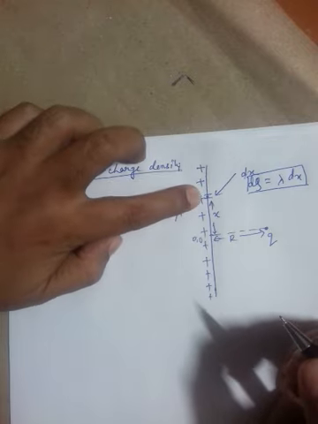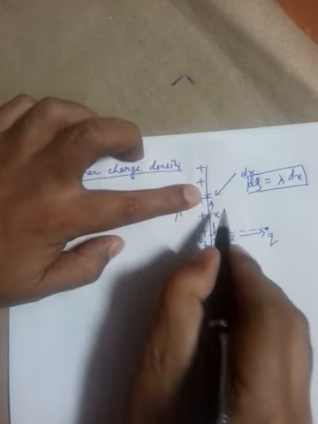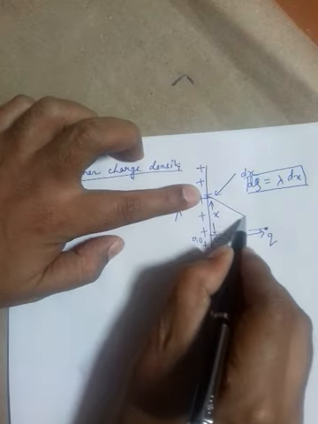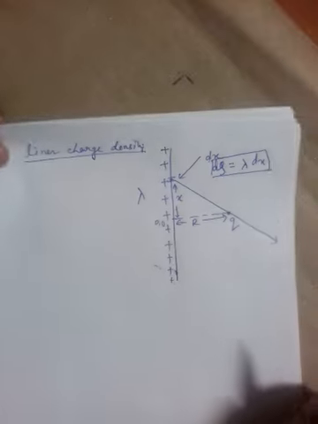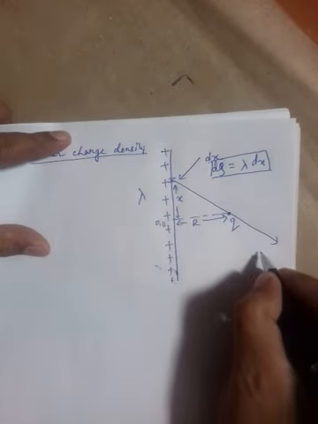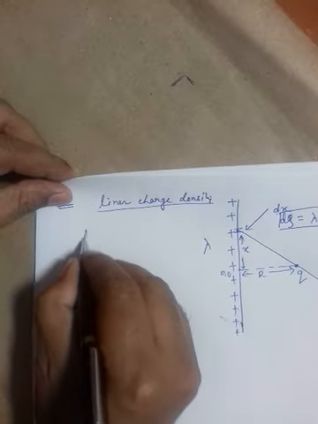Because of this small portion, which is like a point, my point charge q will get a repulsion in this side. This force I am writing as df. So what is df?